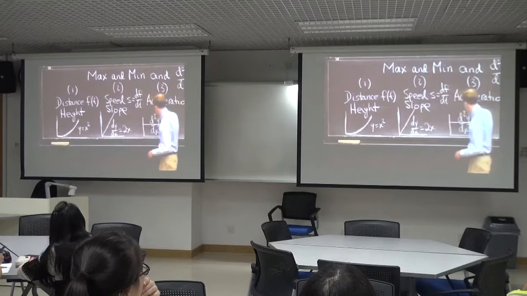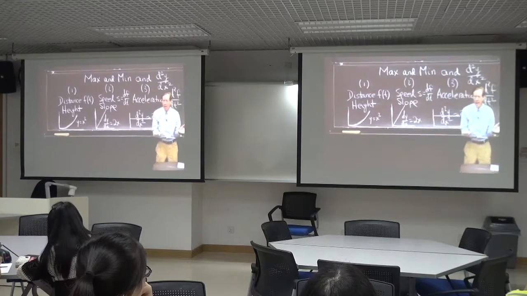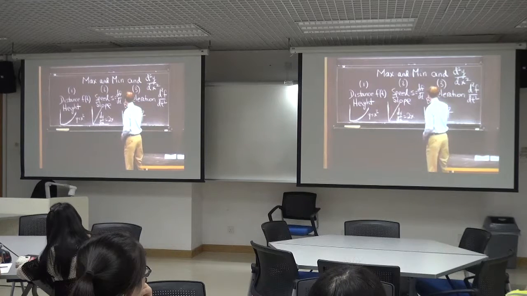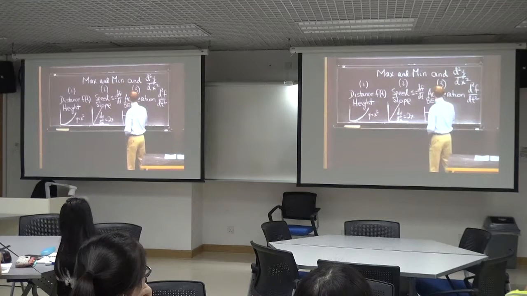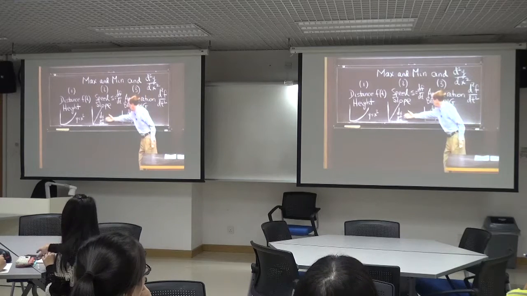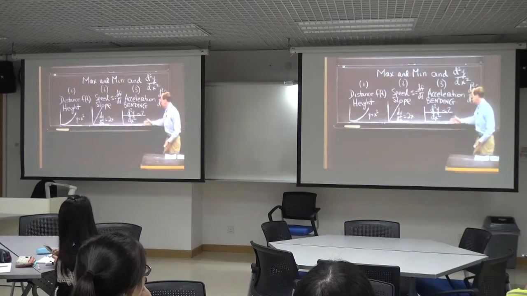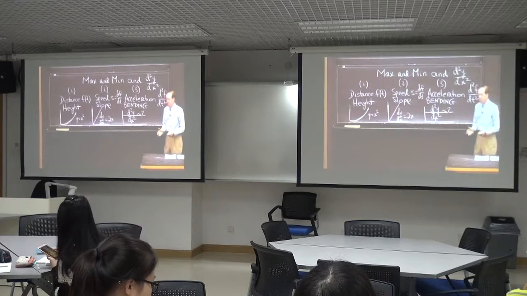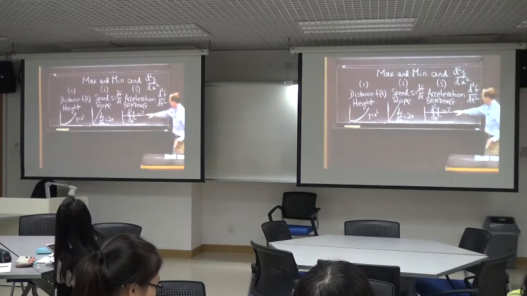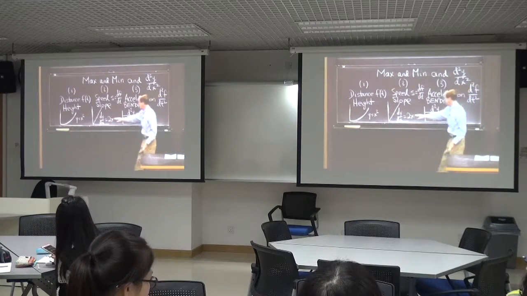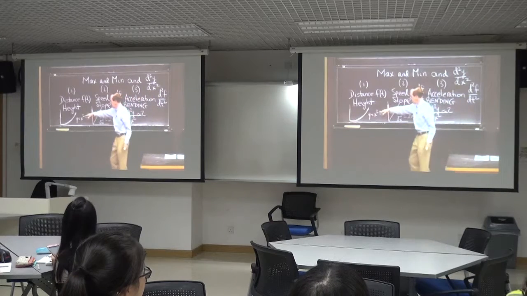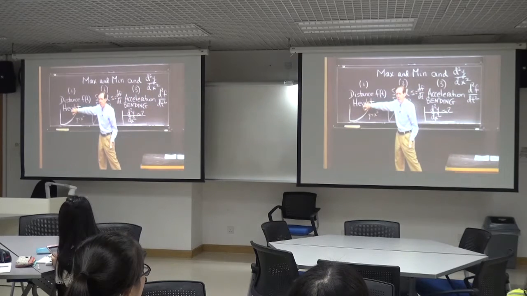Now, it's the second derivative. And what shall I call that? Bending. Bending is the natural word for the second derivative on a graph. The derivative of 2x is 2, a positive constant, and that positive constant tells me that the slope is going upwards and that the curve is bending upwards.